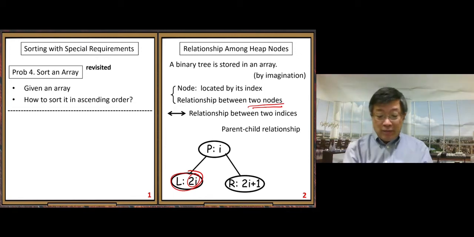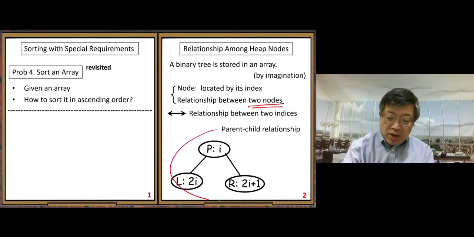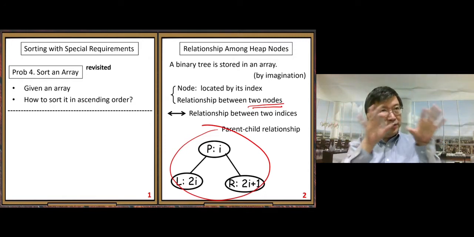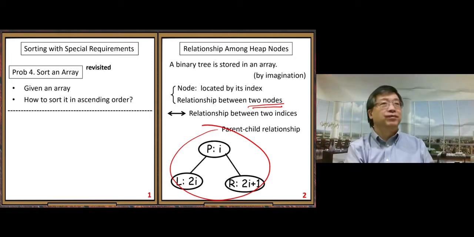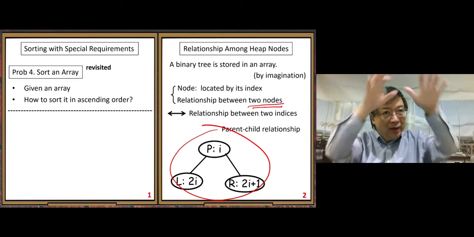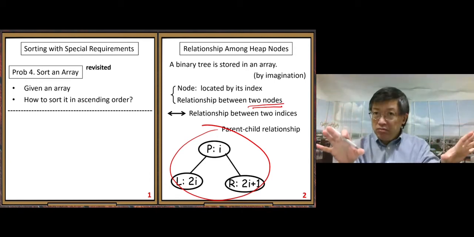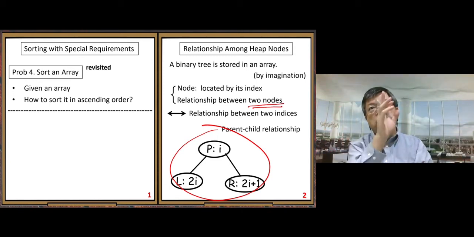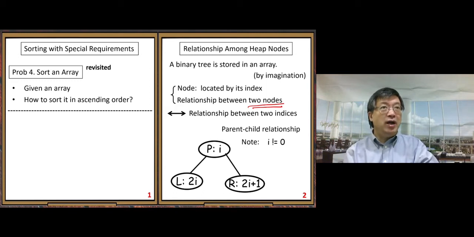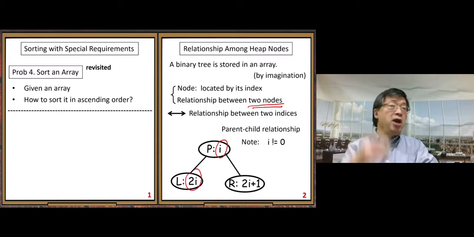But here you can see if we use this special way to allocate indexes to the nodes, then all the array elements will be mapped to the nodes in a binary tree. But there is one special point we need to pay attention to. The index I cannot be 0. Why? The reason is very simple. If I equals 0, then I and 2i are the same.